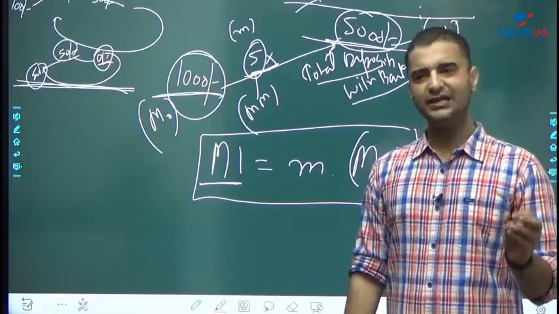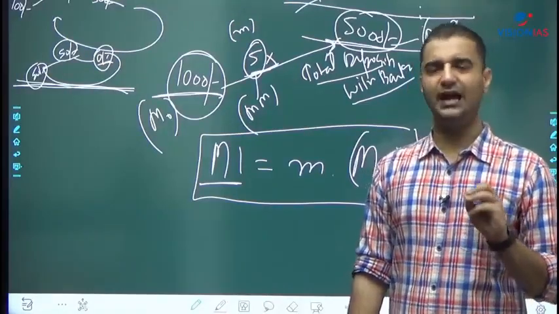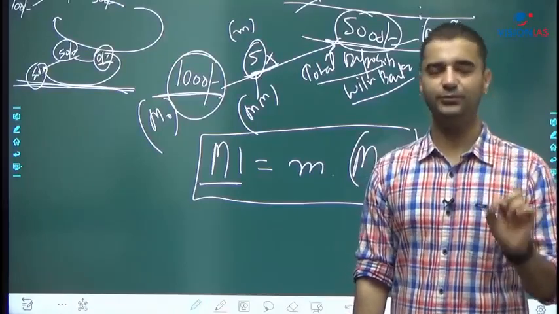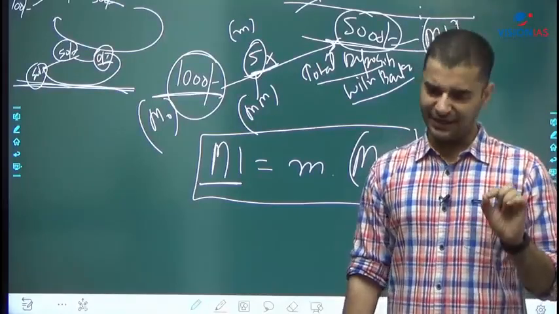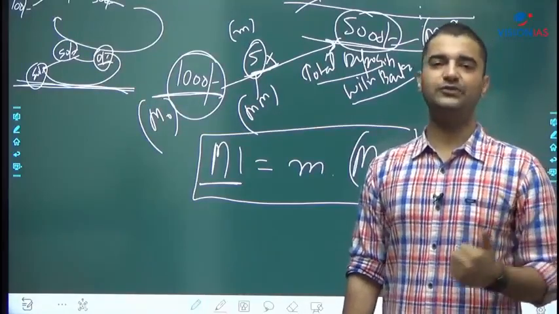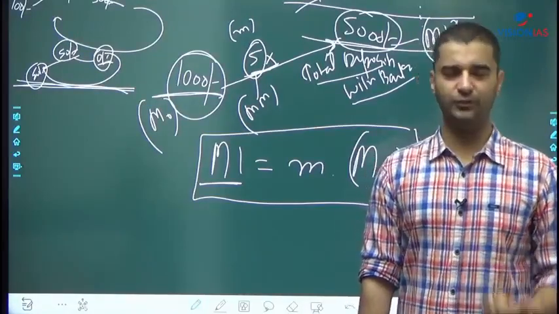Now, in the next 15 to 20 minutes, I'll explain this concept with the help of some technical terms which are important for us. They have been asked many times in prelims, therefore we need to know them: the concepts of currency deposit ratio and reserve deposit ratio.